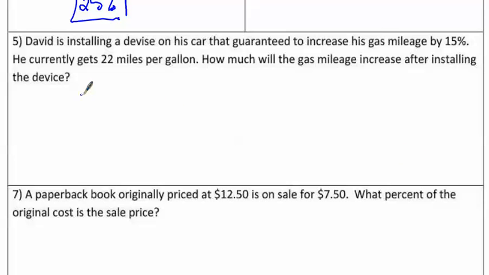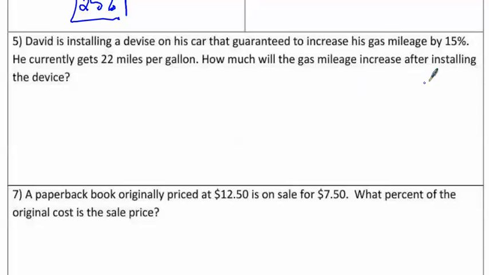On number 5, David is installing a device on his car that is guaranteed to increase his gas mileage by 15%. He is currently getting 22 miles per gallon. How much will the gas mileage increase after installing this device?